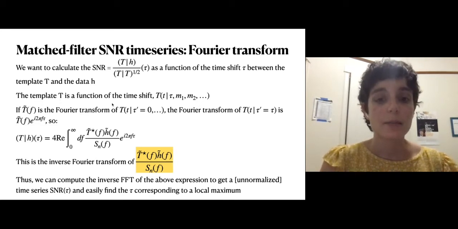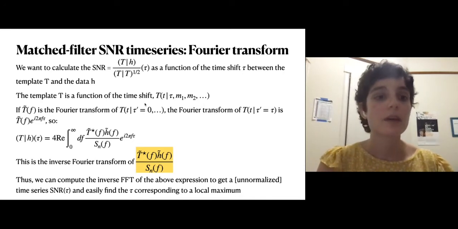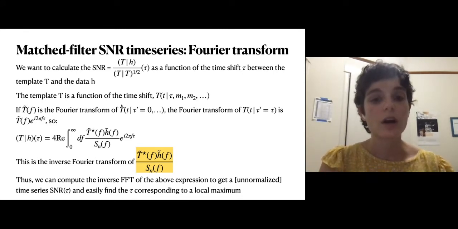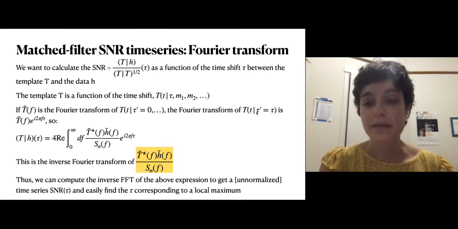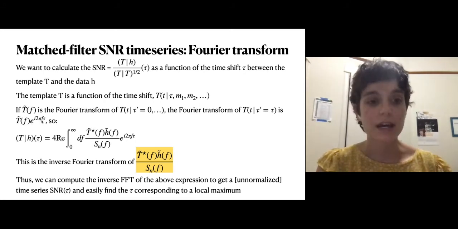Now we can see that it makes things a lot simpler when we consider Fourier transforms, because if we write T tilde of f in the frequency domain, which is the Fourier transform of T at some fixed time, then the Fourier transform of T at some different time, t prime equals tau, is just the Fourier transform of T times e to the i 2 pi f tau.